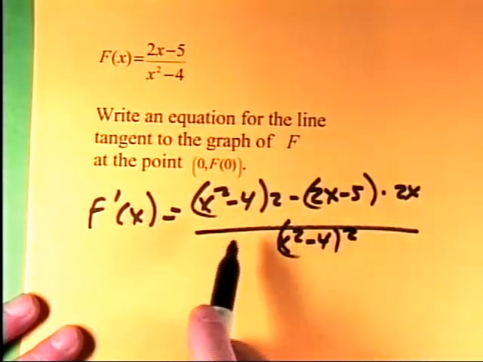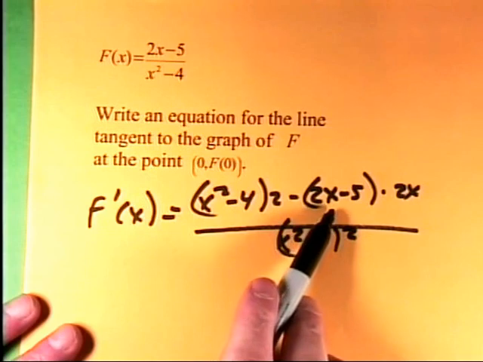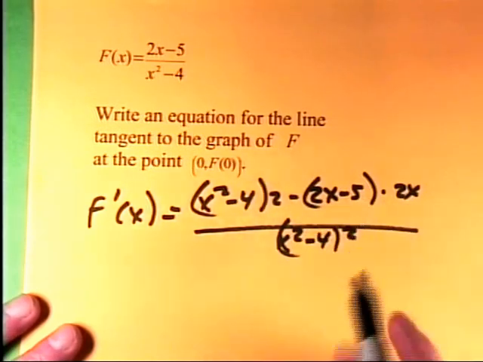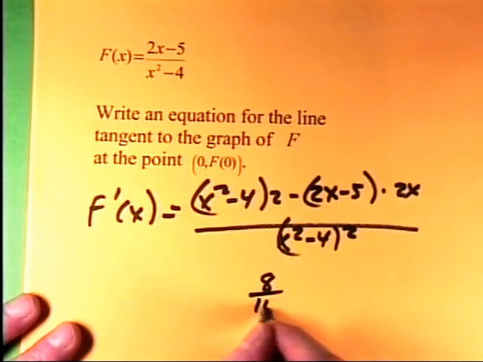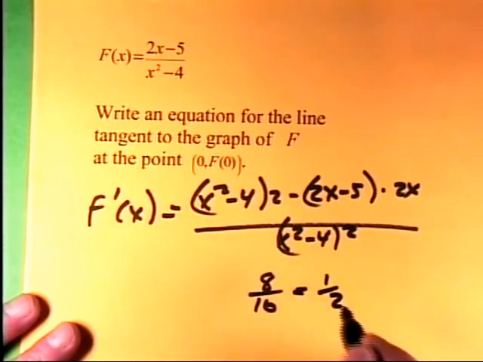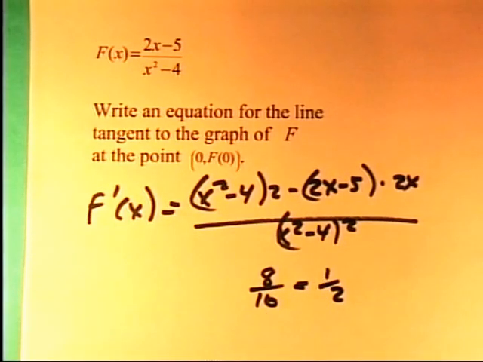Okay, and so at 0, what do we got here? We got 8 minus 0, so we got 8 over... It looks like 16 to me when you plug in 0. So the slope is 1/2. If the slope is 1/2, how do we write the equation of the line, Epsilon?